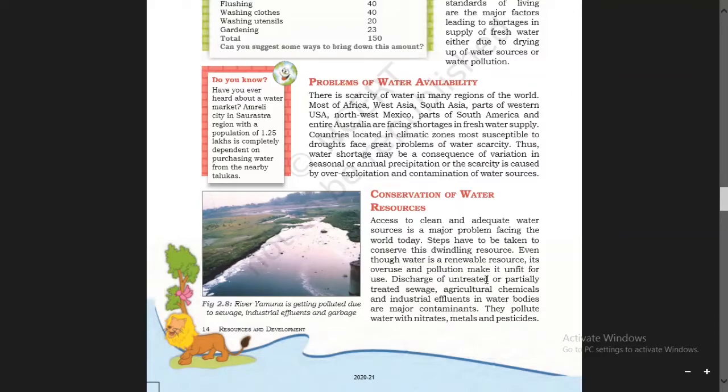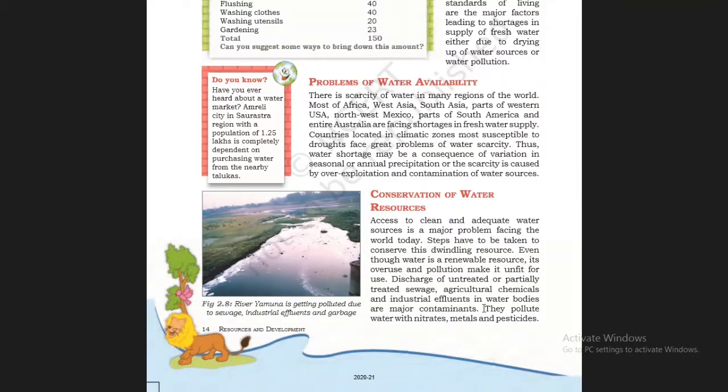Discharge of untreated or partially treated sewage, agricultural chemicals, and industrial effluents in water bodies are major contaminants. These are major contaminants, impurities. See here, what are those? Discharge of untreated or partially treated sewage.